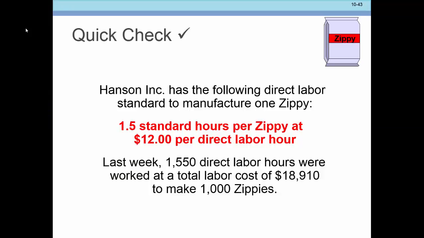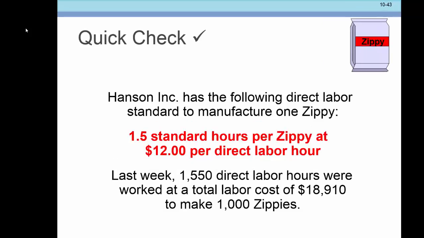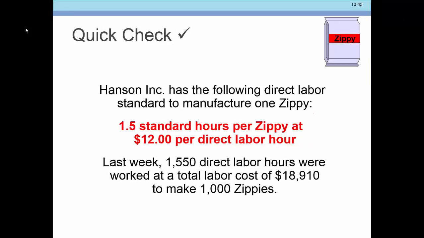Okay. I'm sorry. So 1,000 times, I think it's 1.5 standard hours per zippy. Okay, we're back.